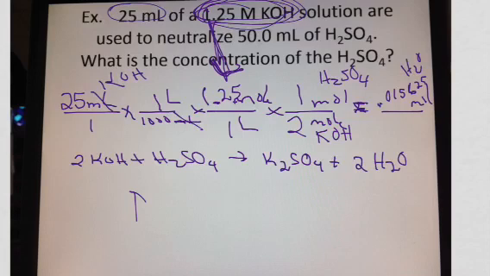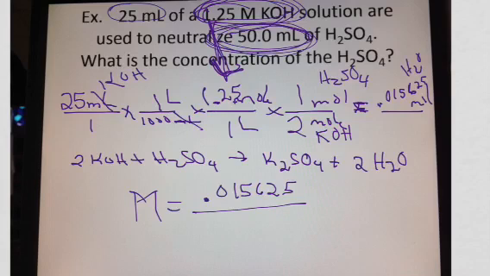Okay, then I just go back to my molarity formula because we're almost at the end here. 0.015625 divided by, and then you go up and you get the 50 milliliters, change it to liters, .05.